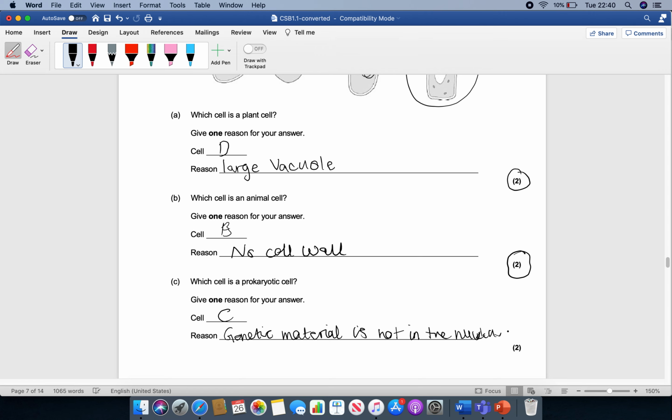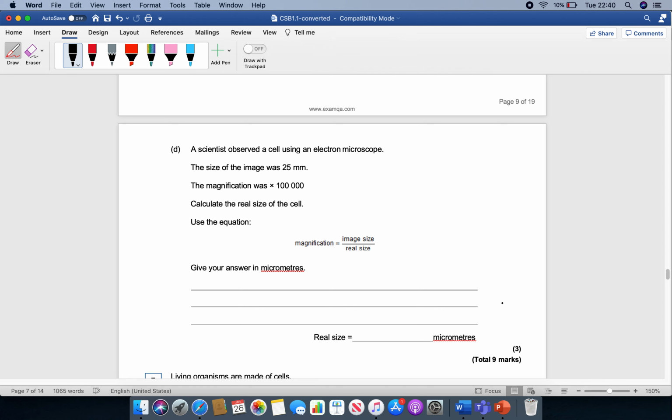Next question. A scientist observed a cell using an electron microscope. The size of the image was 25 millimeters. The magnification was 100,000. Calculate the real size of the cell, and we're given the equation over here. We have to use this equation to work it out, and we have to give our answer in micrometers.